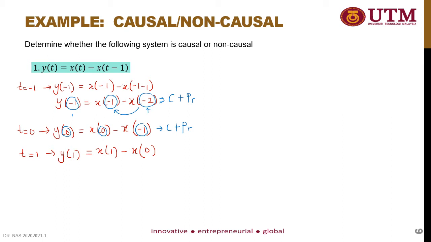The 1 is the current state, and 0 is still lower than 1, so it's the previous state. So when you have combinations of current and previous states, the system is causal because there's no future state.